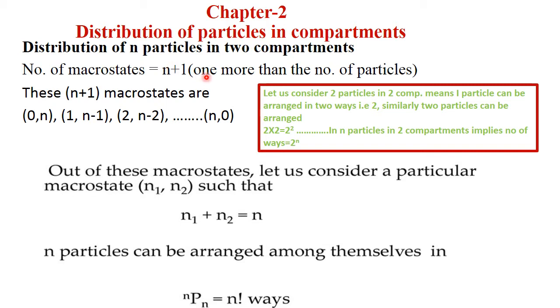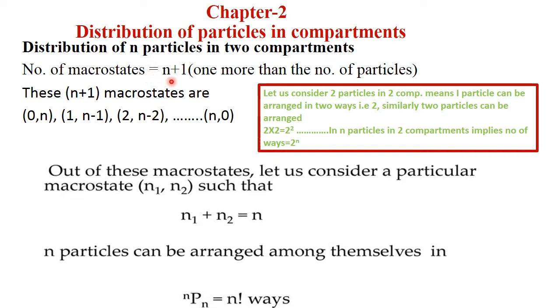I have already told you in the previous lecture that the number of macrostates is always one more than the number of particles. If we have four particles, the number of macrostates will be 5. If we have six particles, the number of macrostates will be 7, which is always one more than the number of particles.